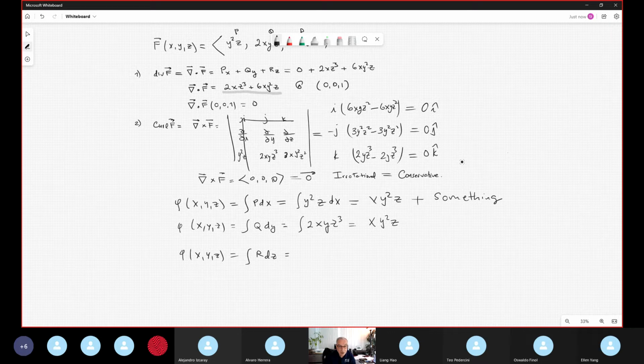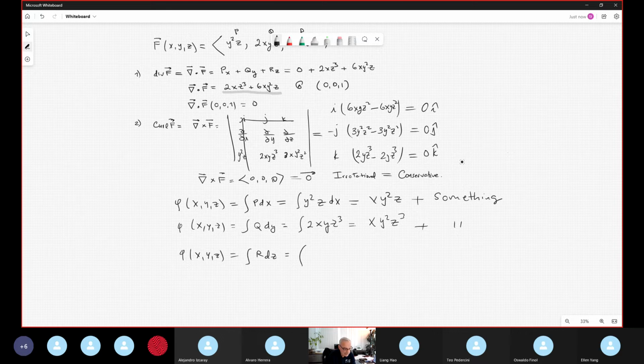By the way, I forgot here the z cubed. Let me see, I made a mistake. Well, okay, don't worry, I fixed the mistake. I copied the vector field wrong at the beginning. However, I fixed it because it's not necessarily exactly the same. This is cubed. Plus something.